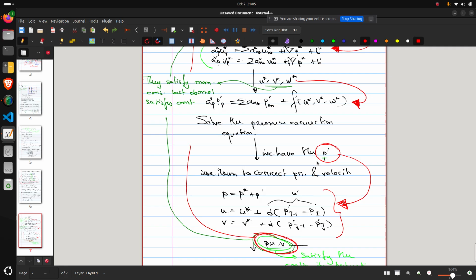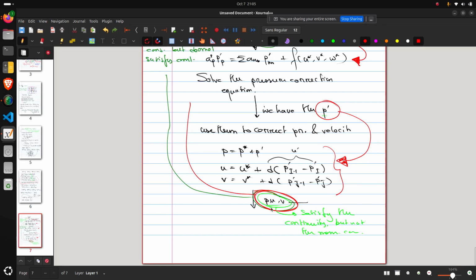With the pressure correction term, we correct the pressure and velocity fields. Then we again check whether it has converged, whether the difference between the two consecutive iteration field values has gone below the tolerance level. Then we have finally arrived at the converged solution.